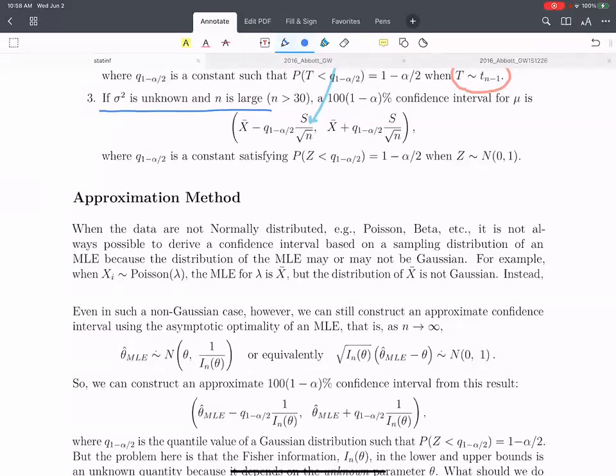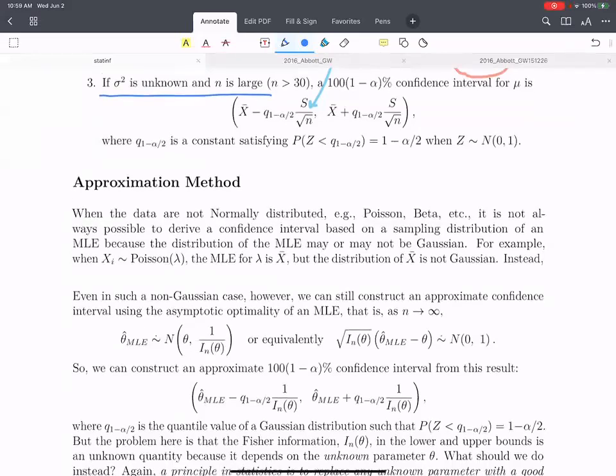In that case, we can use the asymptotic optimality of MLE to get an approximate confidence interval. This is not an exact confidence interval, but if the data are not Gaussian, it is hard to derive an exact one. So we use asymptotic optimality, saying that if the data size is large, MLE becomes unbiased, most efficient, and normally distributed.